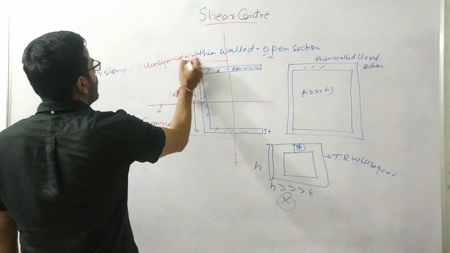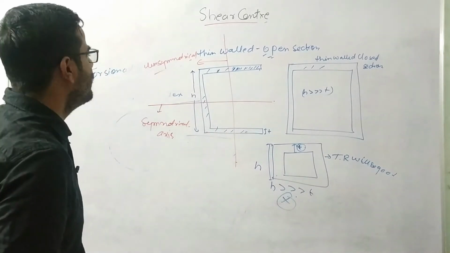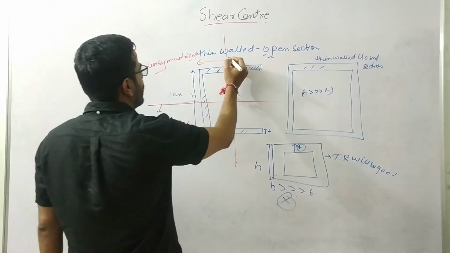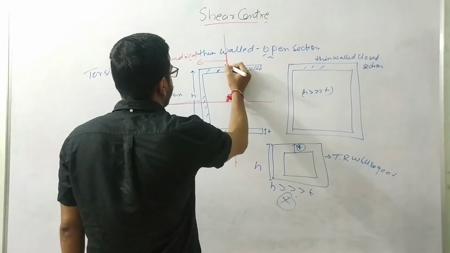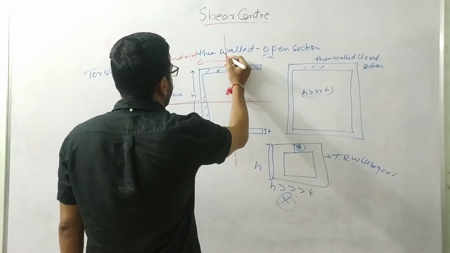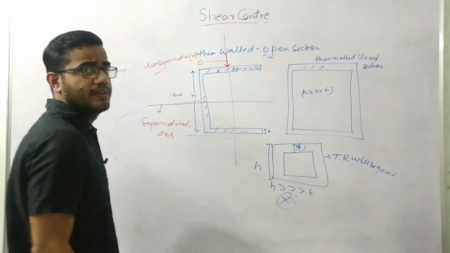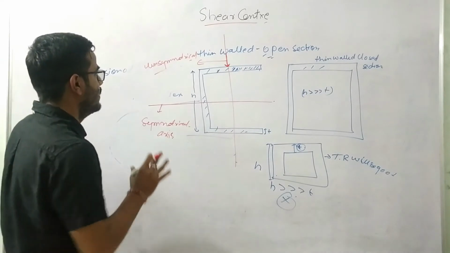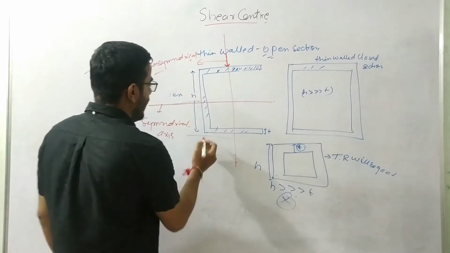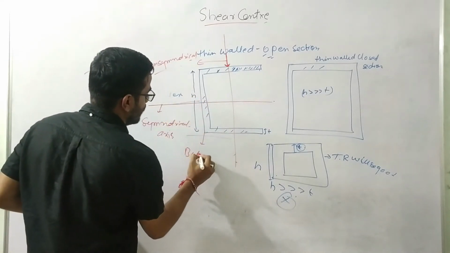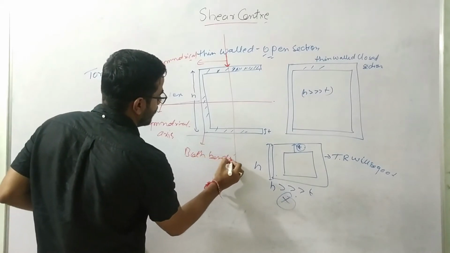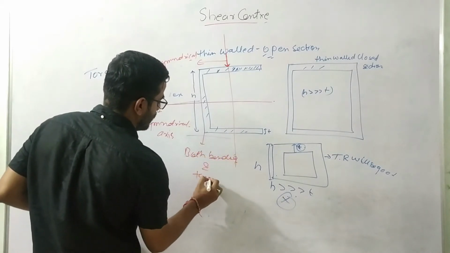So if I apply a load, and if the plane of load is passing through this centroidal axis, then this cross section will have both bending and twisting.